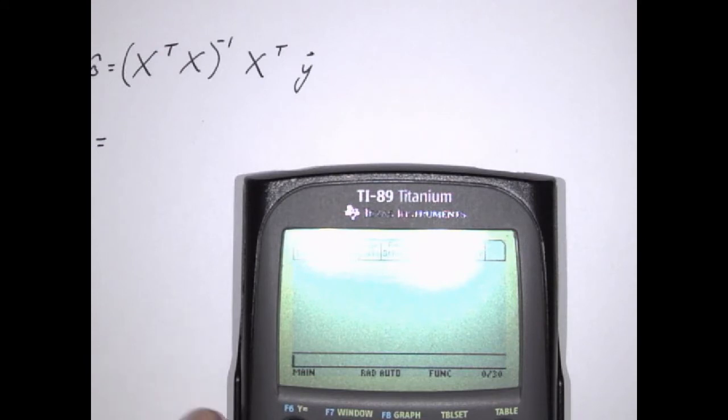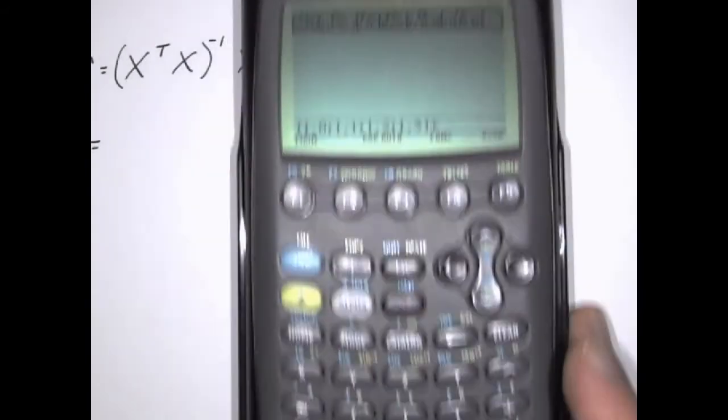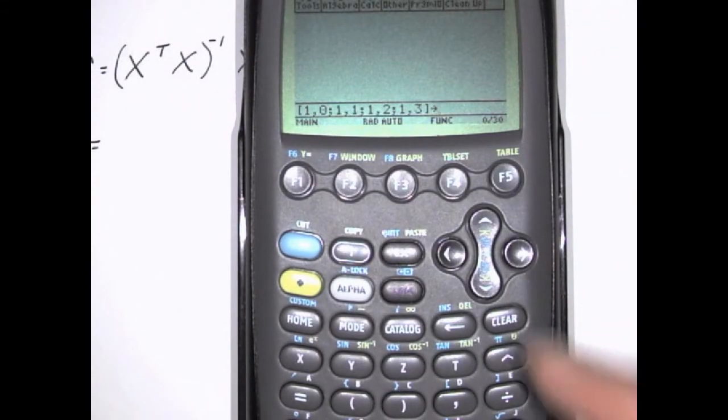Now it can be a little picky about what letters are reserved and what letters are not, so I'm going to use D for design matrix, and I'm going to use O for observation matrix, because X's and Y's are pretty special in the calculator's mind. So here I am, just going through the motions of entering in the things for X. And then 1, 3. Okay, so this will be my design matrix. So I will store that as D.